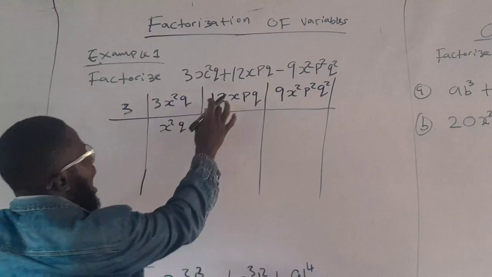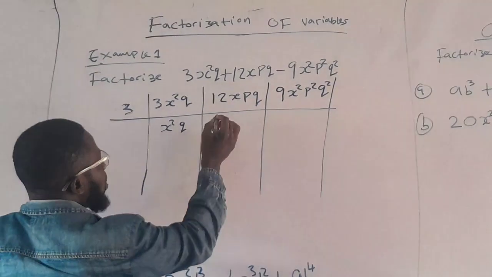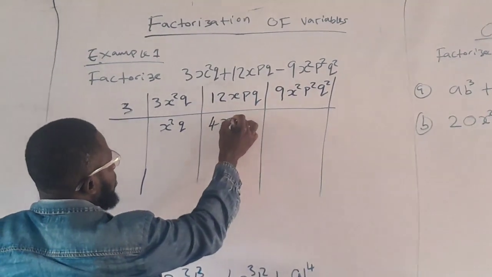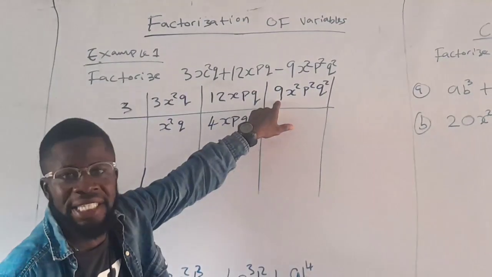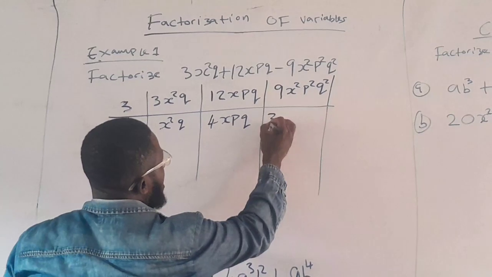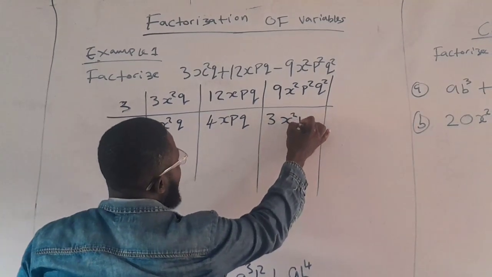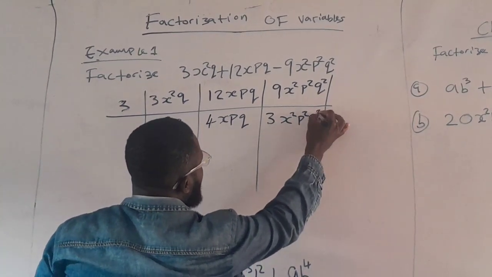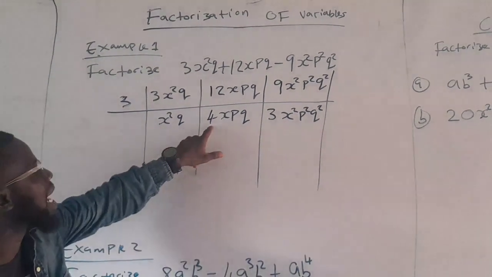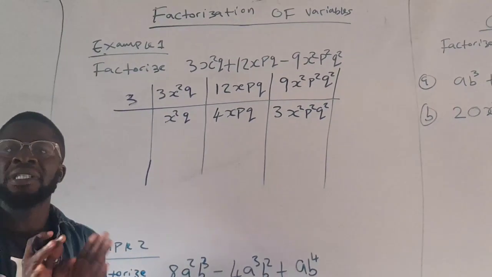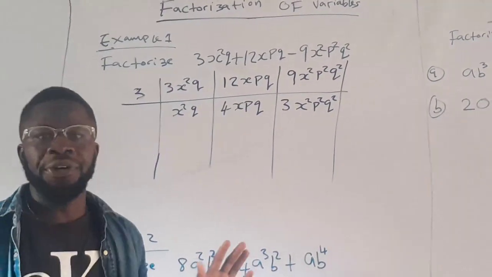That's 1. I use it to divide this one. You have 4, you have x, you have p, and you have q. I use my 3 to divide 9. I'm going to have 3, you have x squared, you have p squared, and you have q. On that note, I can see that there is no number I can use that can divide 4 and 3. That means in the aspect of number, you are done.